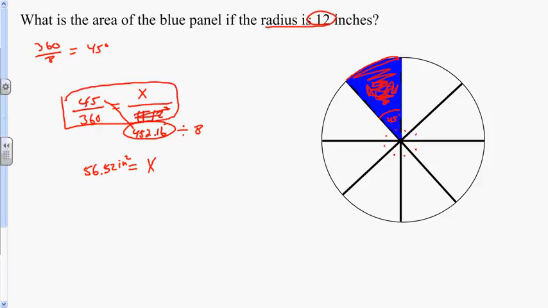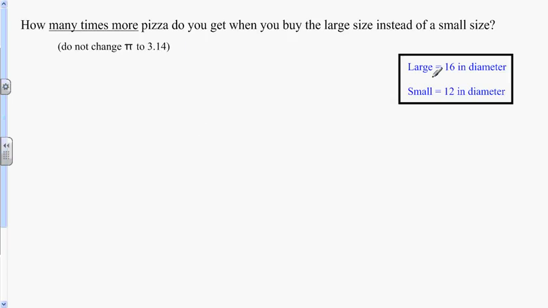Alright, last thing is, how do I say how much bigger is a large compared to a small? If we find the area of the big one and the area of the small one, they wanted us to keep the symbol pi, so we're just going to write 16 squared and 12 squared.